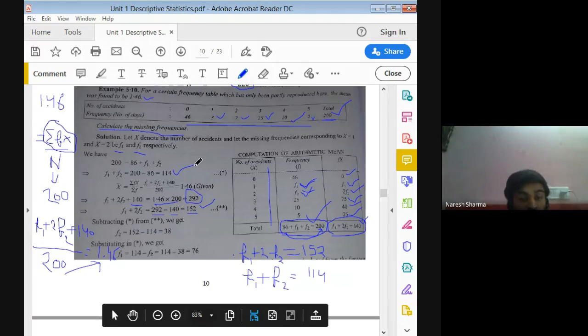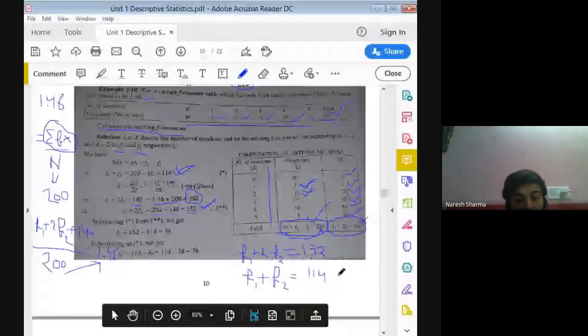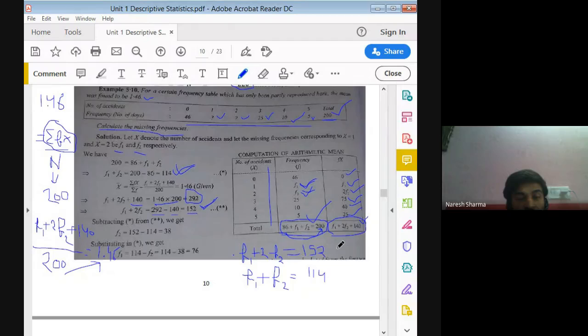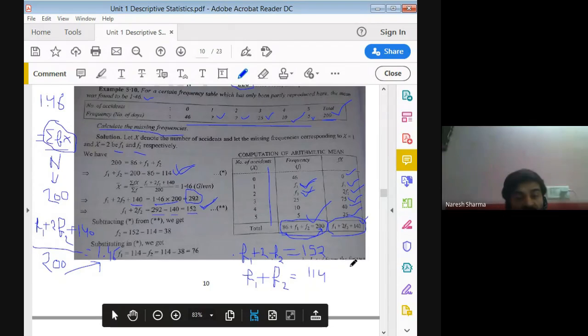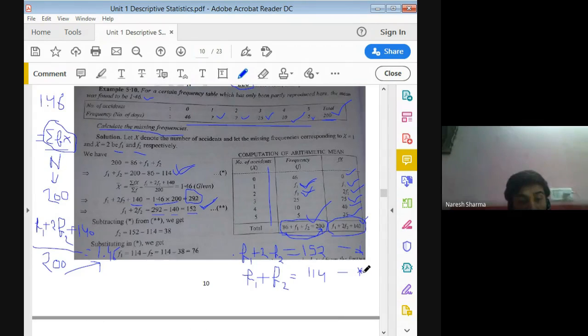So now we have two equations with two unknowns. We know how to solve a system of linear equations. We need to subtract these two equations. We may say this is equation star, this is double star. We just subtract these two equations.